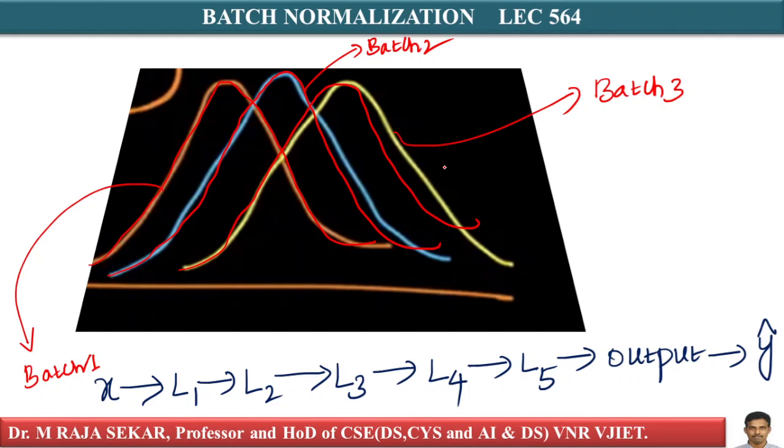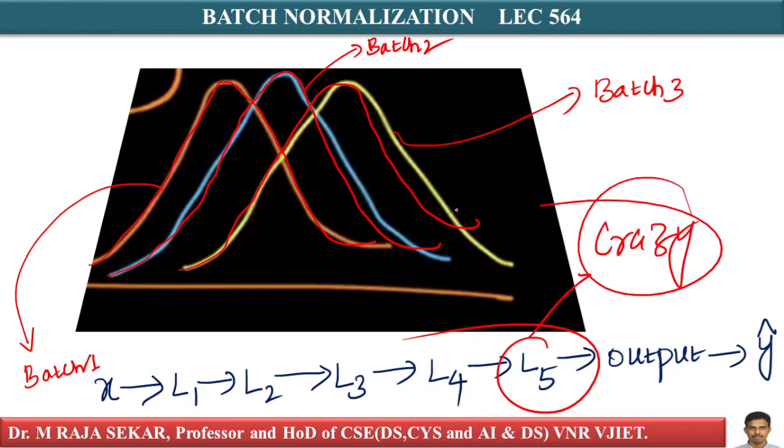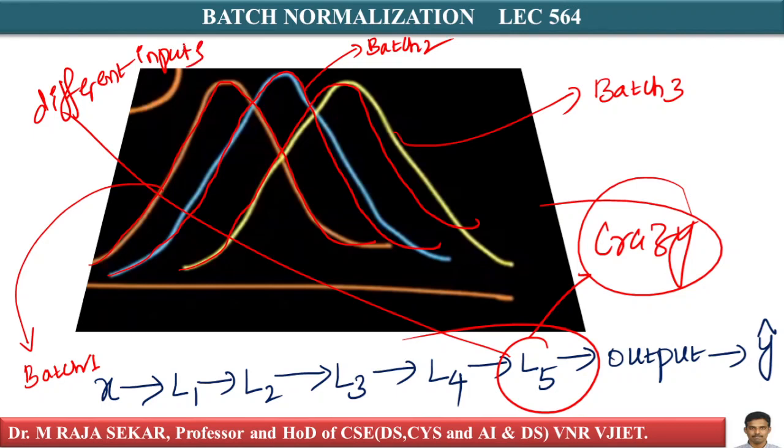As the distribution changes, a neuron in layer 5 can go crazy, because every time it is seeing a different input or a different distribution of inputs.